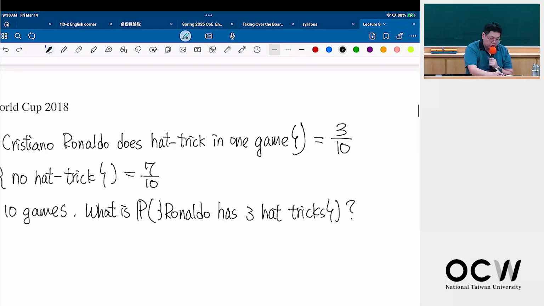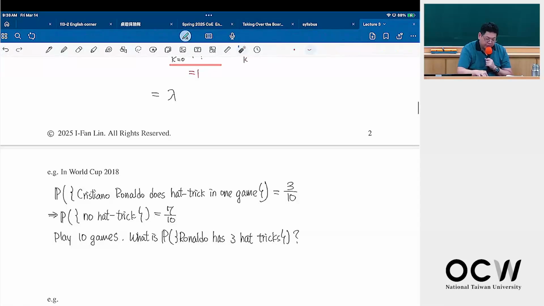So now we only know for one game, he has the hat trick, that's 30%. Now if I play 10 games, then what is the probability of having just 3 hat tricks?